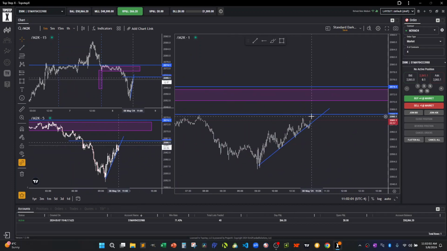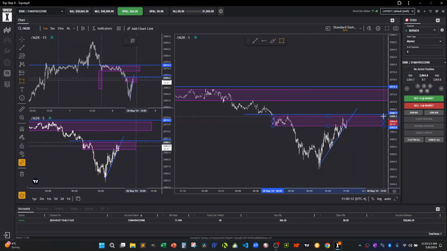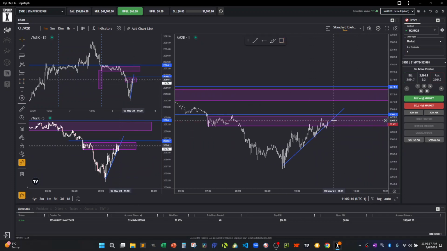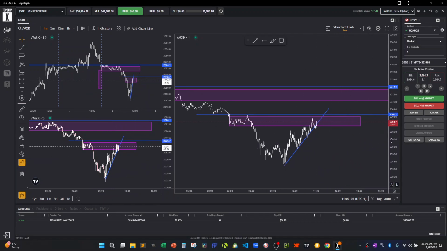Now, price is still starting to continue up. We don't want to buy here because we still have this little area that we're pushing through. Even if you wanted to turn that into a little zone area, we're kind of in the middle of this mess right here. Now, we probably could guess short off the top of this box or guess short off of this line, but we don't want to wait for it to start heading down and then go in short just because it starts to confirm.